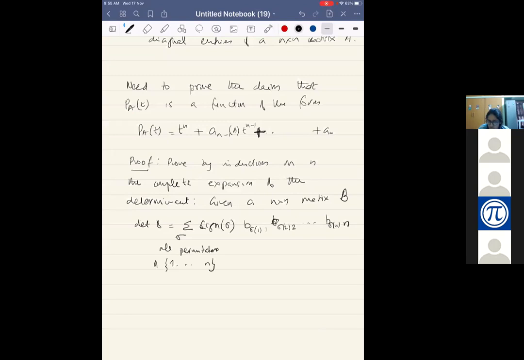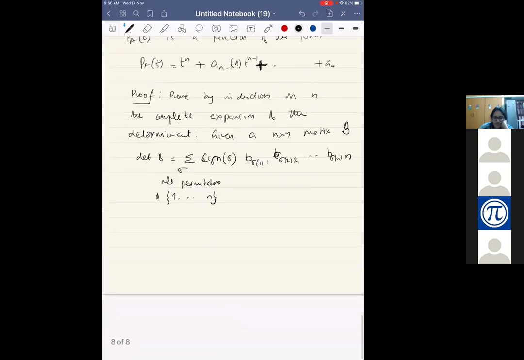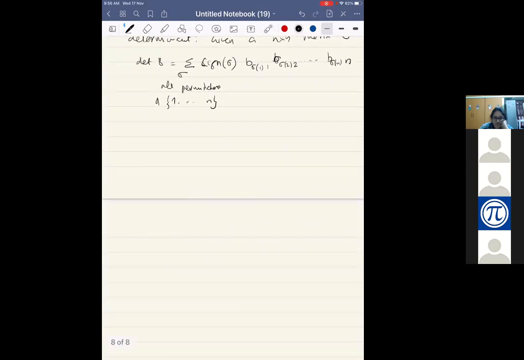So I think most of you must be familiar with this. Are you familiar with this? Maybe you are not familiar with the notion of a signature. Srimati, are you familiar with this expression for the determinant? No, sir. Okay, so assume this for the moment. The important thing is that the signature is just plus or minus 1. That is enough for our purposes.